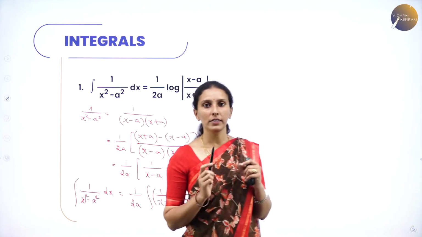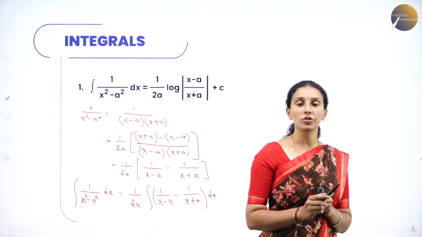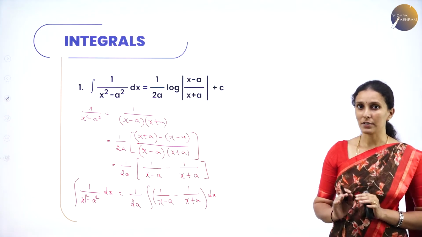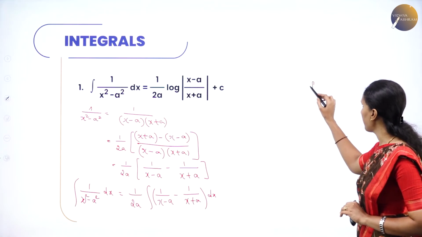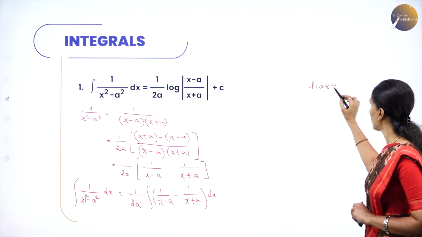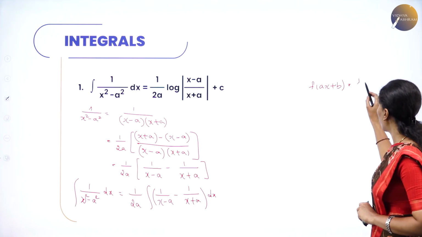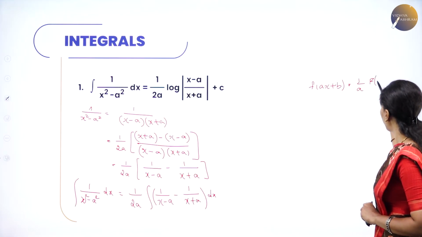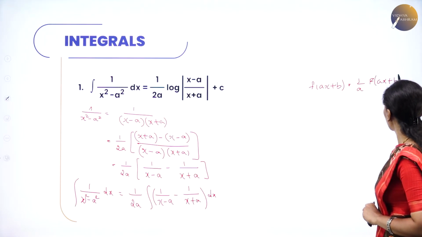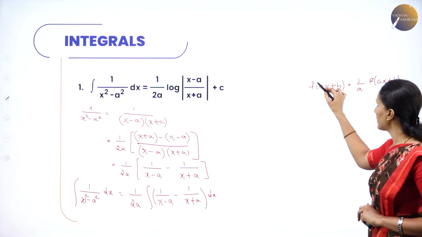I have already told you that for any function of the form f of ax plus b, the integral can be written in the form of 1 by a times F of ax plus b.